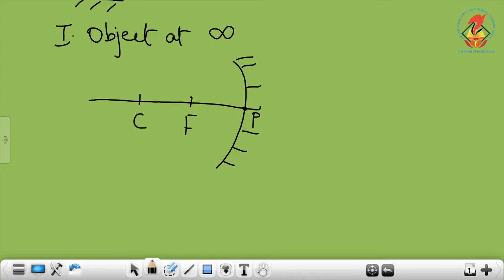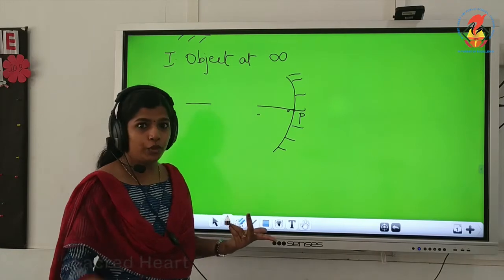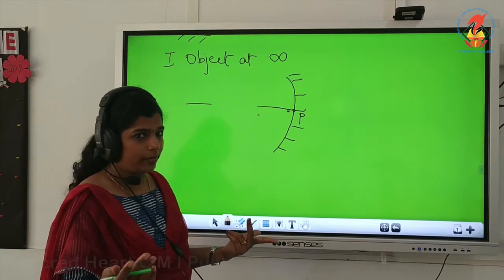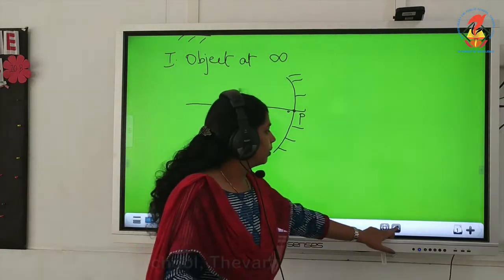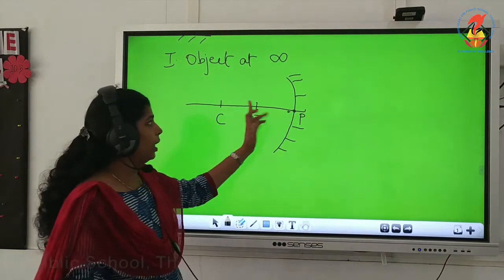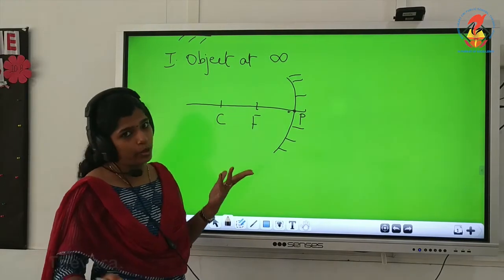For easy calculation, you can take this as 2 centimeter and this one also as 2 centimeter. For easy drawing, PF is 2 centimeter and CF is 2 centimeter.